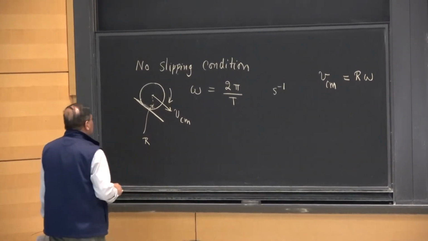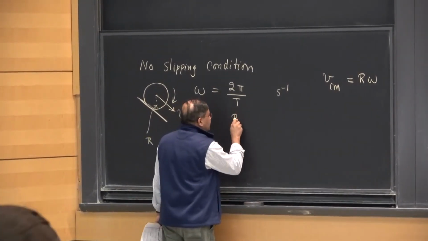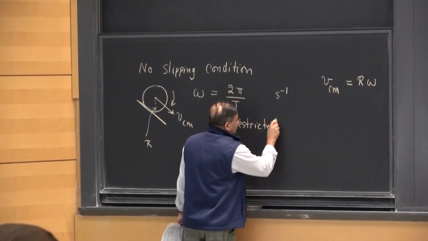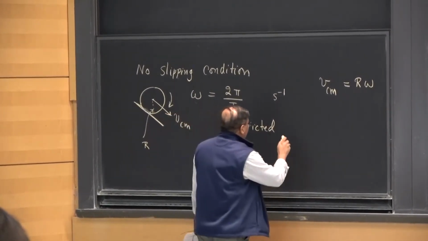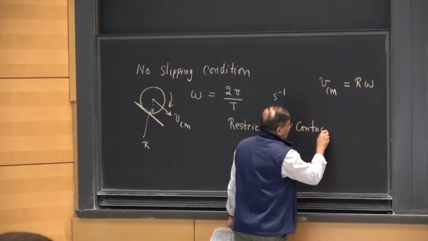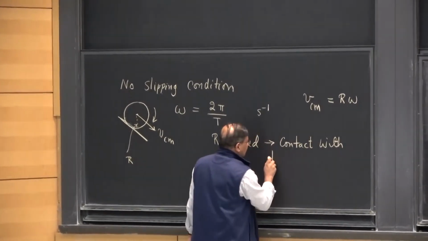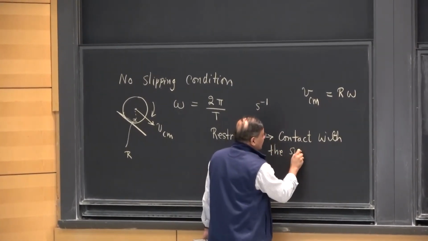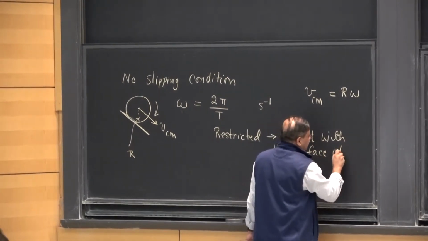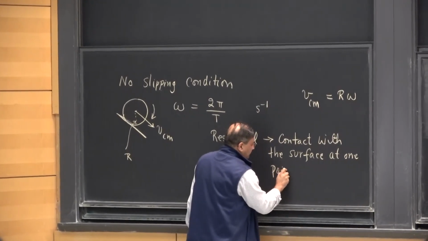And I also told you that our studies are pretty restricted, in the sense that we are talking about the contact of this ball with the surface at one point and no more.